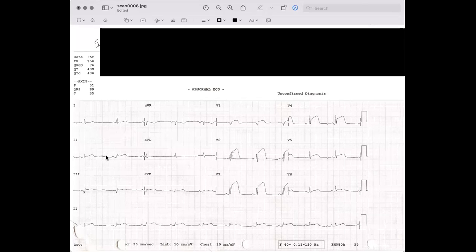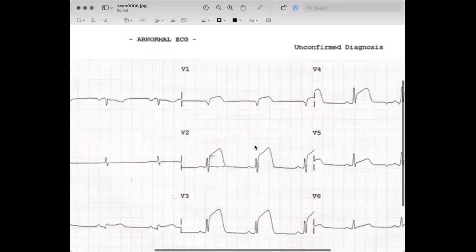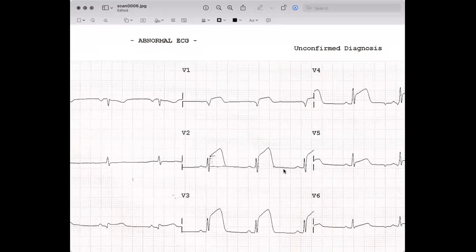The method is you look at the TP segment. You see this? Here, this is your reference. You compare this to this. Let's look at this one, it's easier. This is your TP segment, from the end of the T to the beginning of the P, and then compare to this.